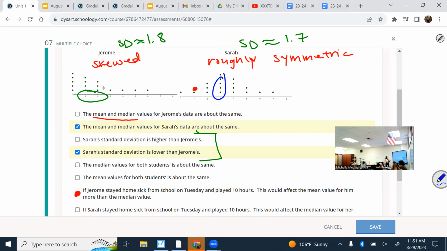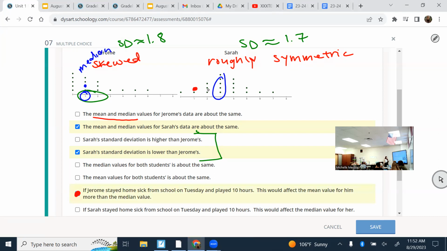Half of 16 is 8, so that would make my median... it would actually be this dot. Does adding an additional dot way over here affect my median? It doesn't. So in that case, you would pick this one as an answer.